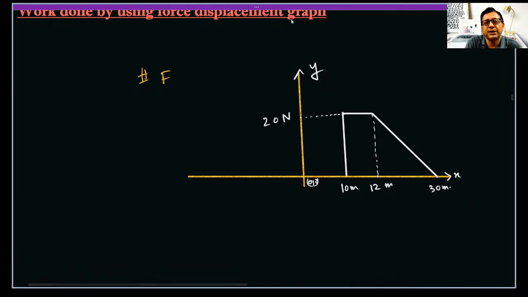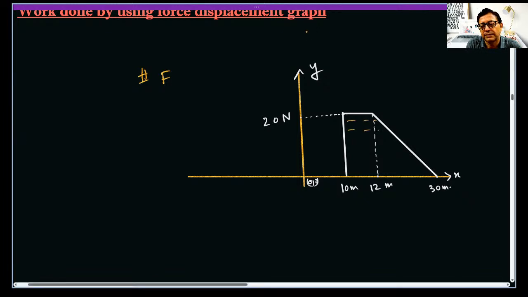The concept I just told you can be used, that is the area under this curve. Okay? Since the force at this point is 20 Newton, no integration is required. It will be just work done, because only a force versus displacement graph is given.